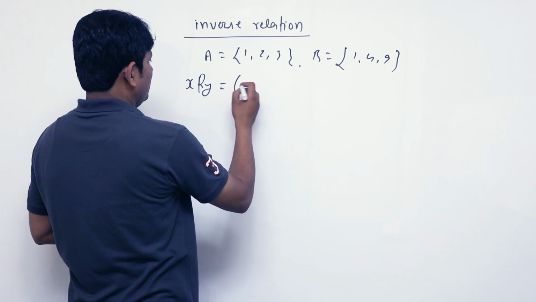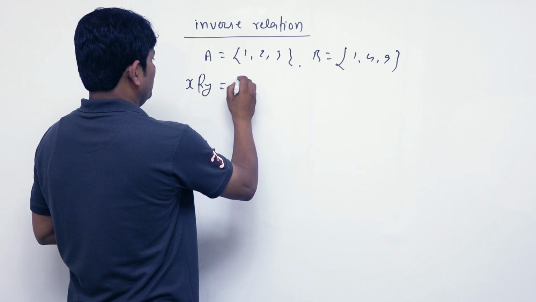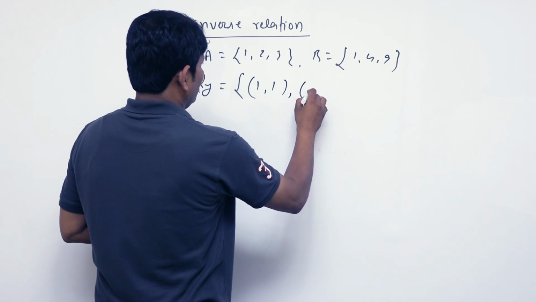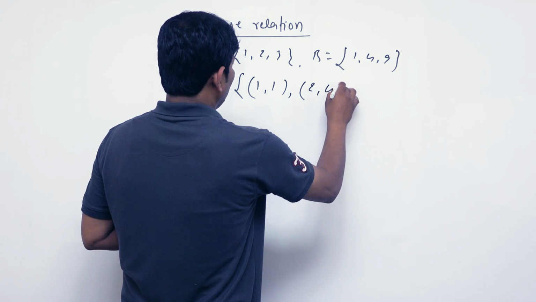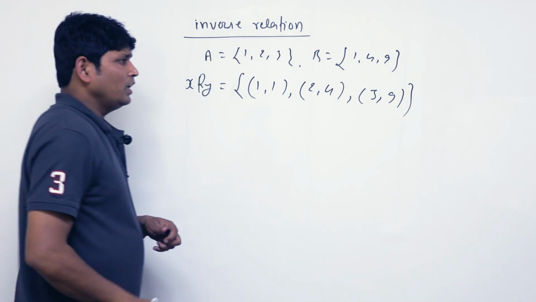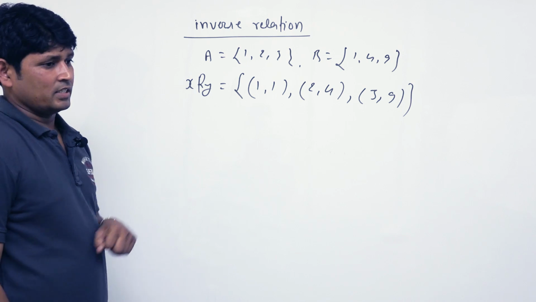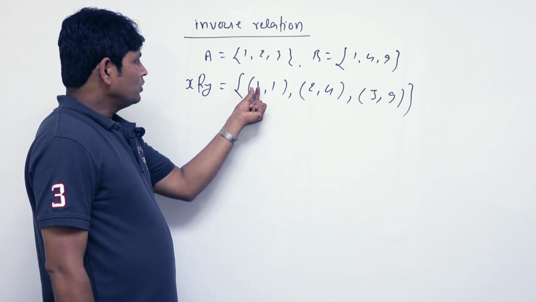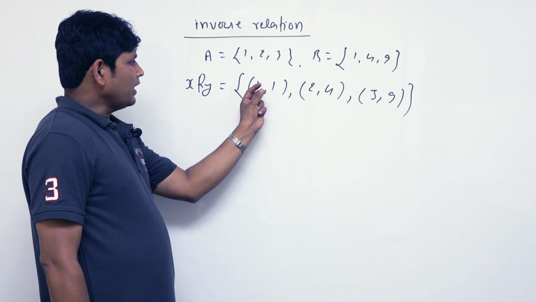We write what we did before: (1, 1), (2, 4), (3, 9). This is the relation. If we have to find its inverse, the x component and y component get switched.